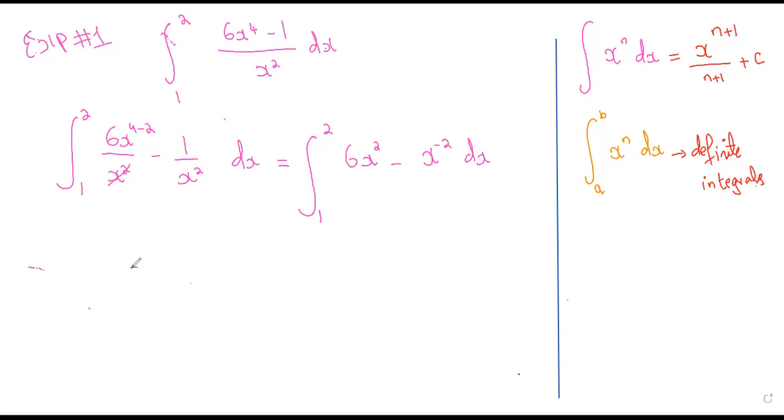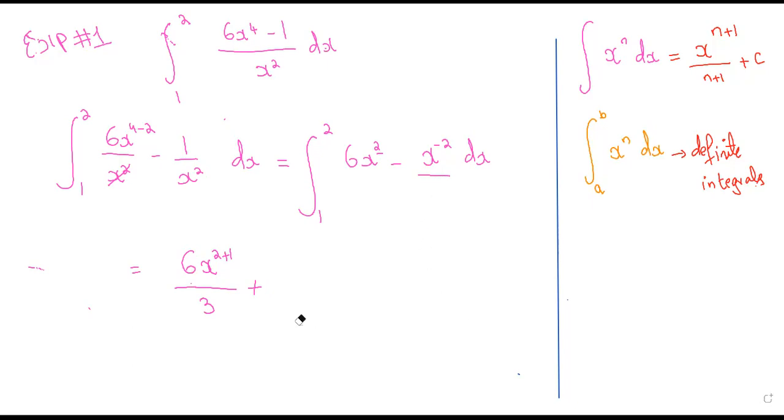So step 1 is going to be the simple integration. 6 is going to come as it is, x to the power, the old power is 2. This time I would write down 2 plus 1, and I'll divide it with the new power, plus I am going to integrate this.